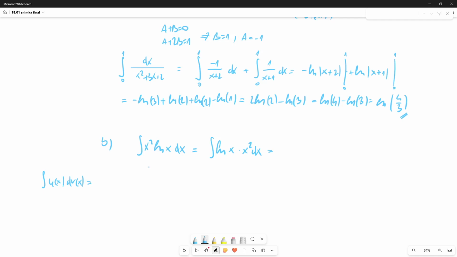And when we try to solve this integral, we are stuck because it's difficult to solve, but we can write this integral in terms of a simpler integral.